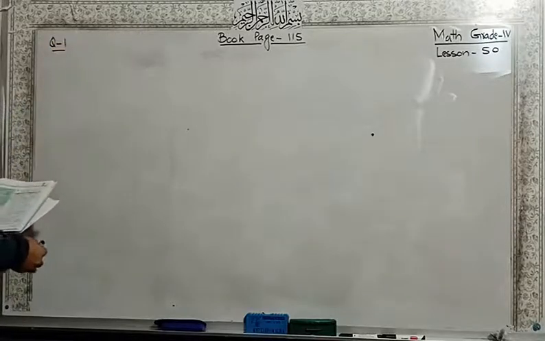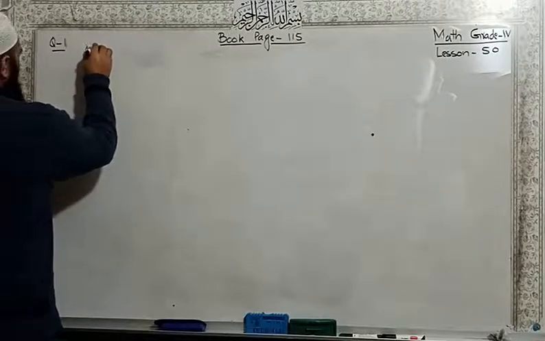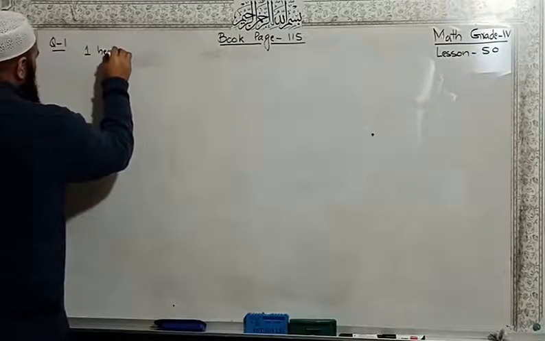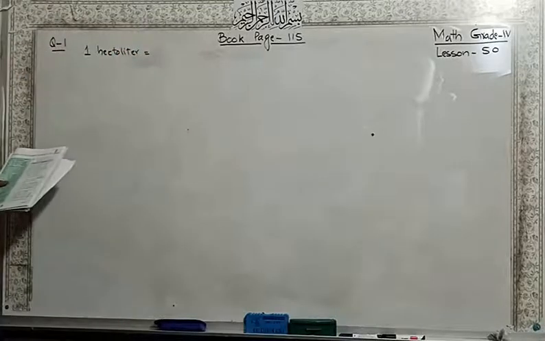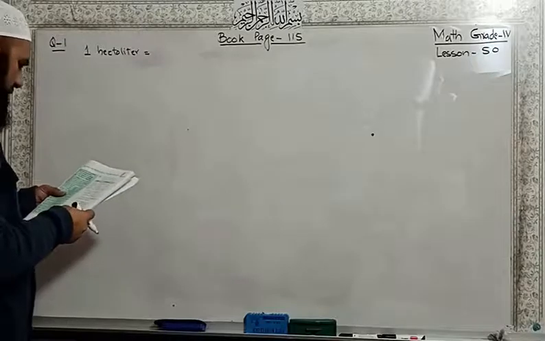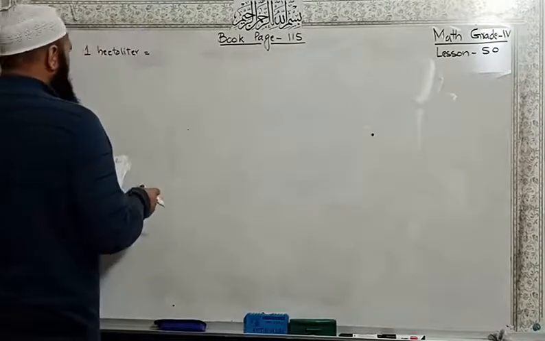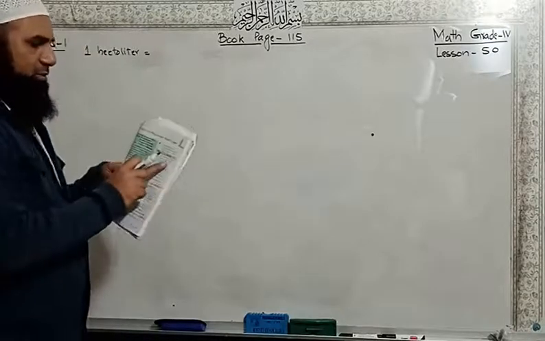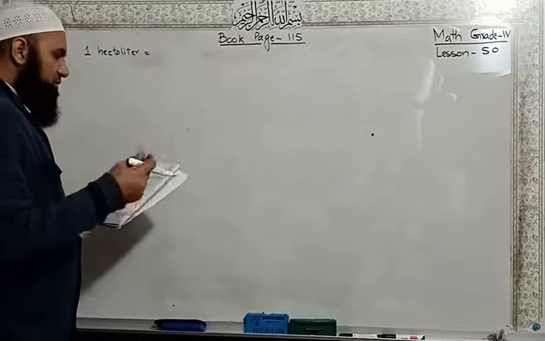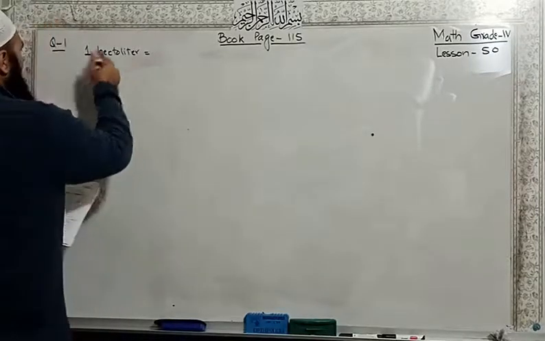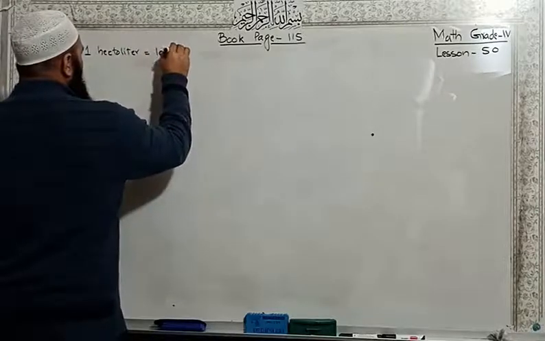Question number 1. 1 hectoliter is equal to how many liters? We know that hecto is multiplication of 100, if you see on the top of the page. So 1 hectoliter is equal to 1 multiply 100, meaning 100 liters.